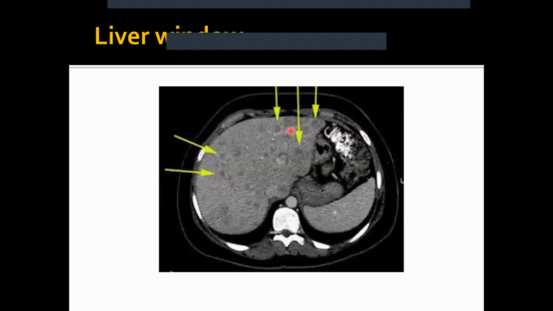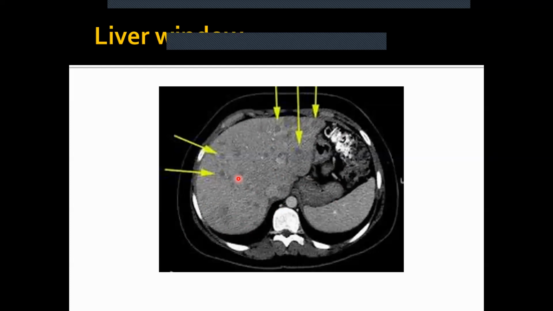Now here you have your liver window, where we're focused on looking at the liver. Because the liver is a solid organ, because it has its tissues, our window for the CT scan is going to be focused on the attenuation range of the tissues of the liver.